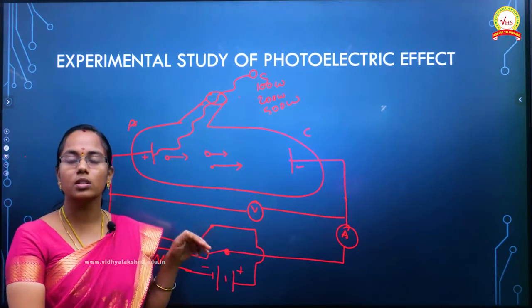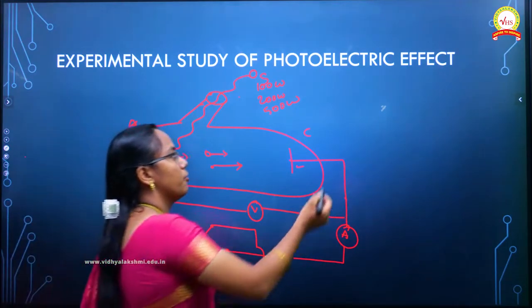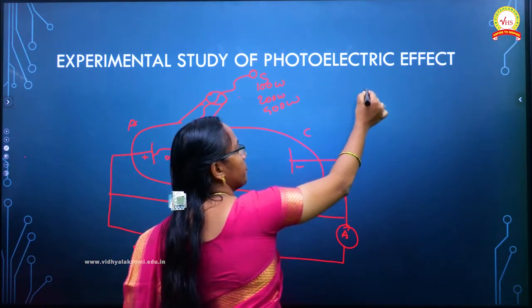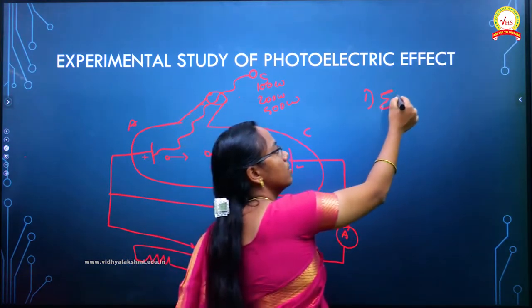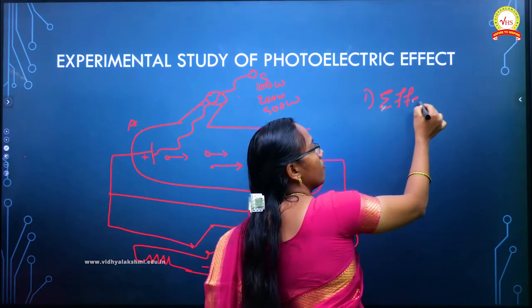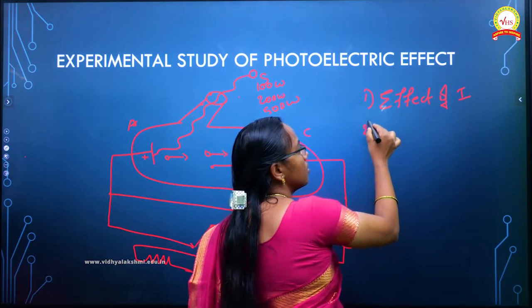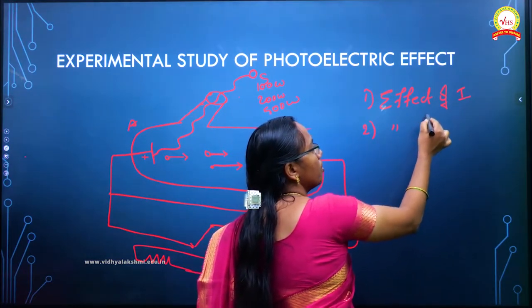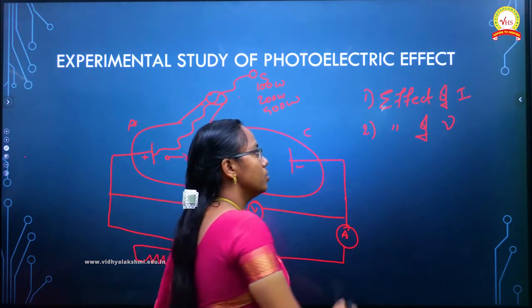Related to this, we will be learning 4 different graphs. The first one is the effect of intensity, the second one is the effect of frequency. The symbol of frequency is nu.